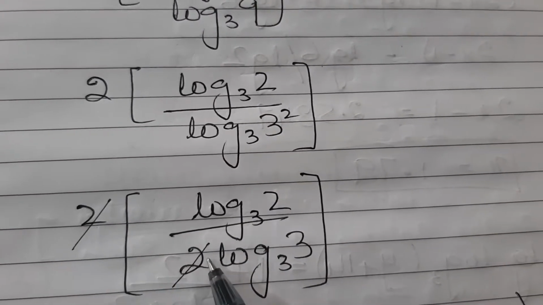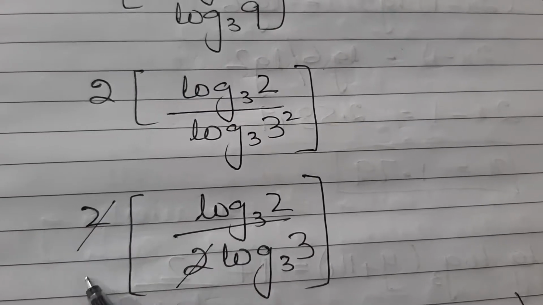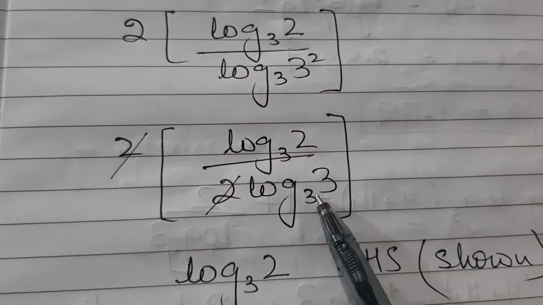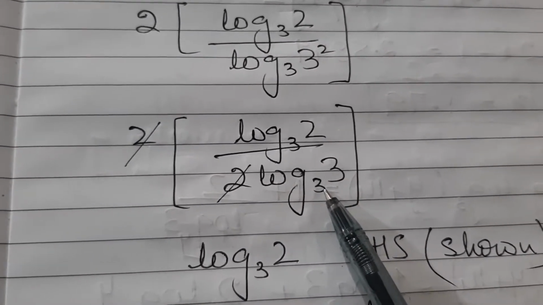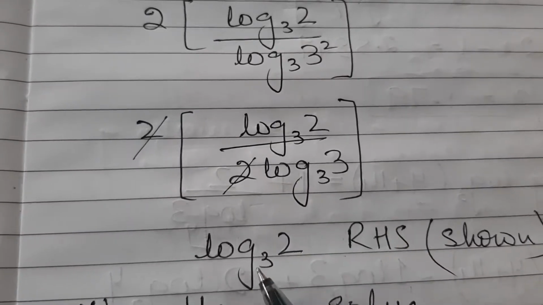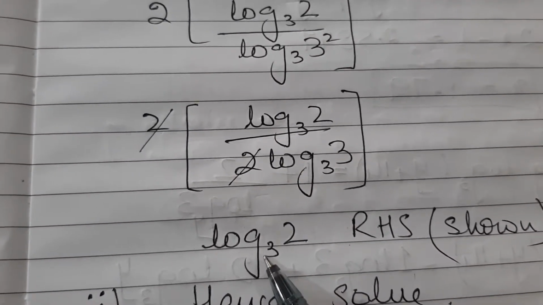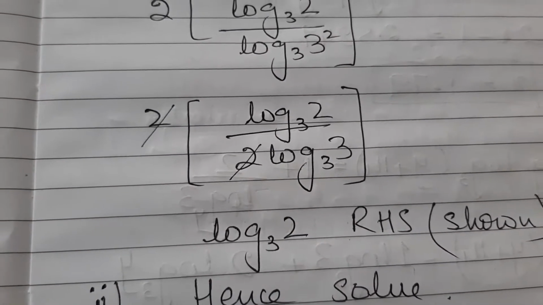So these two will cancel out, right? If you take it out, it is 2 divided by 2 basically. And this thing equals 1, because log of a number with the same base is 1. We have studied this rule also. So this is exactly what I got, which was on the right hand side of the equation I had to prove.